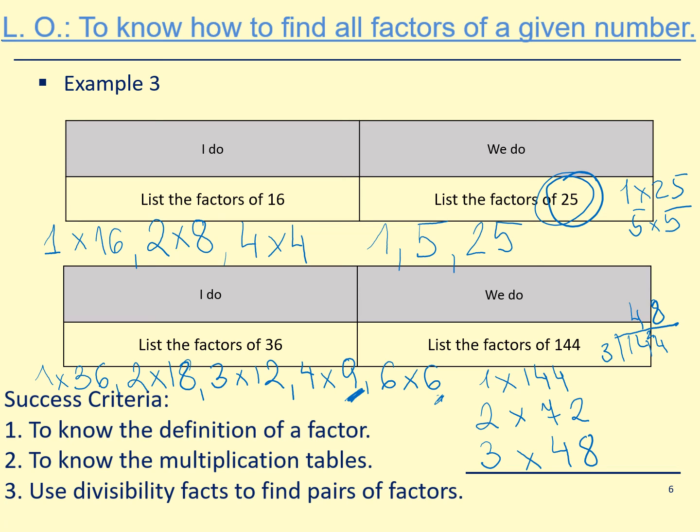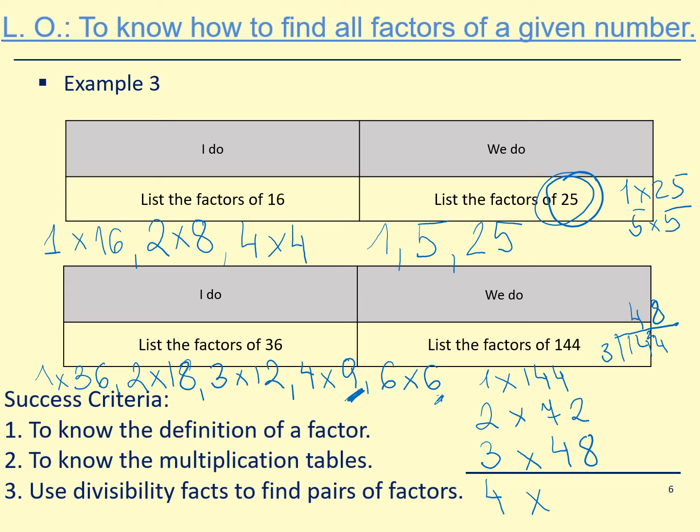4: a number is divisible by 4 if the last 2 digits are divisible by 4. So if they can be halved and halved again. So 44 halved is 22 and halved is 11. So the whole number is divisible by 4. So it's going to be 4 times. Okay, you should have done this yourself.